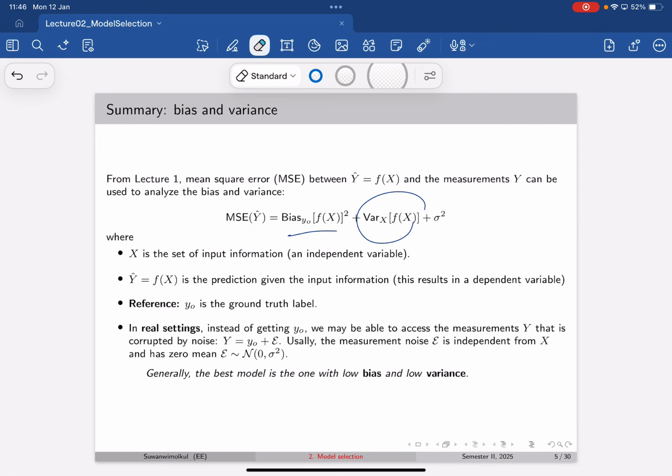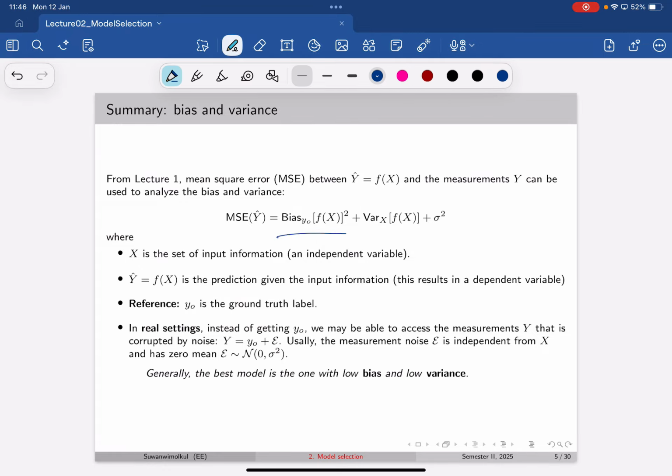But initially when you start training, whatever model you have, simple or complex, in your initialization phase you will get high error, which could mean that you get high bias and high variance altogether.